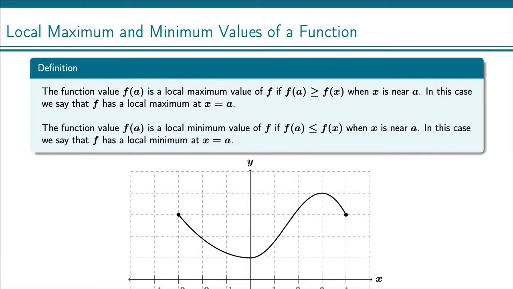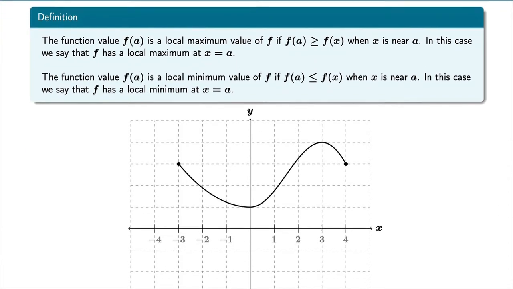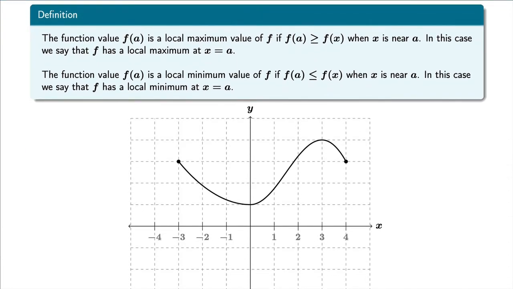So let's look at this graph here just to get an idea of what we're seeing. We're looking for points that are higher than all the points nearby and points that are lower than all the points nearby. Here we have a point that is lower than all the points close to it, because if you move to the left or to the right, everything is higher than it.